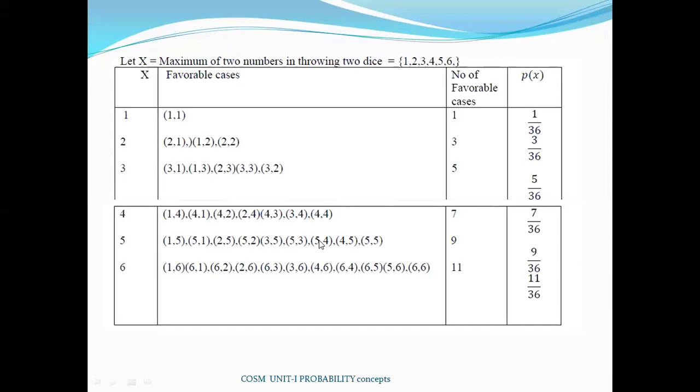Collectively you have 7 favorable cases, so your probability becomes 7 by 36. Now coming to 5, write down all the possible cases involving the number 5. You can observe that there are 9 favorable cases, so your probability is 9 by 36.